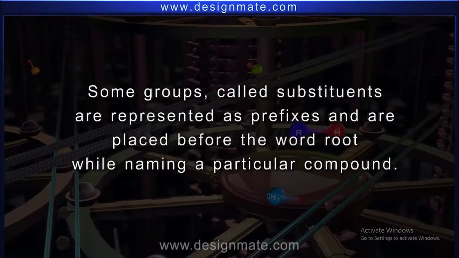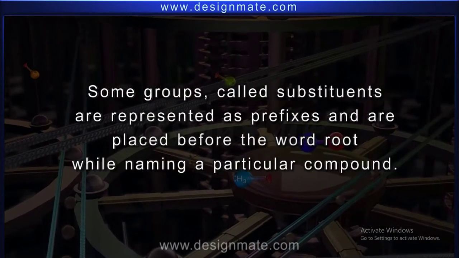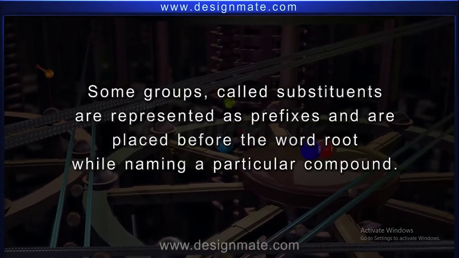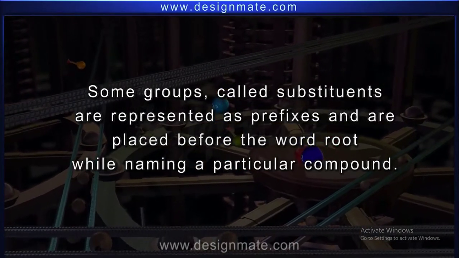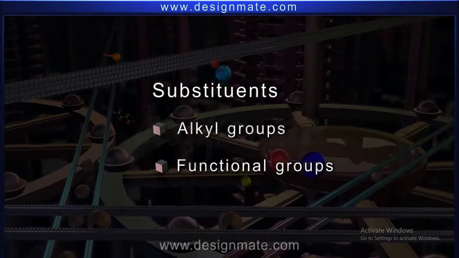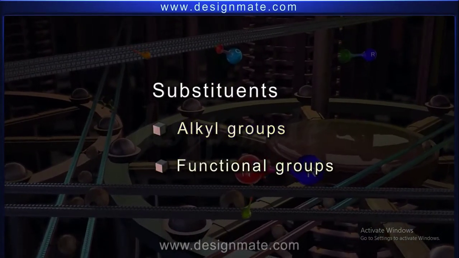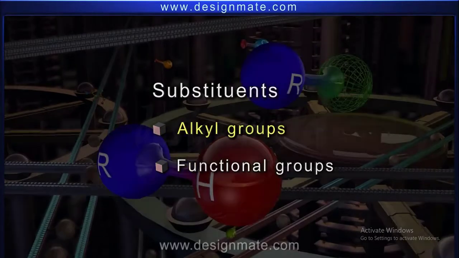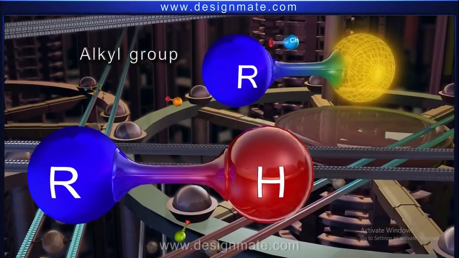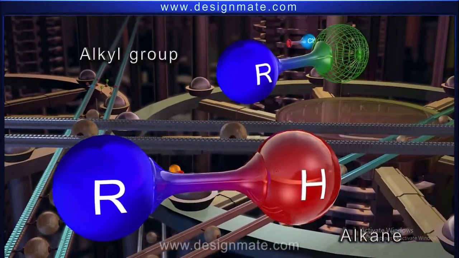Step 4. Add the prefix to the word root. Some groups called substituents are represented as prefixes and are placed before the word root while naming a particular compound. Substituents may be either alkyl groups or functional groups. Alkyl groups contain one hydrogen atom less than the alkane.